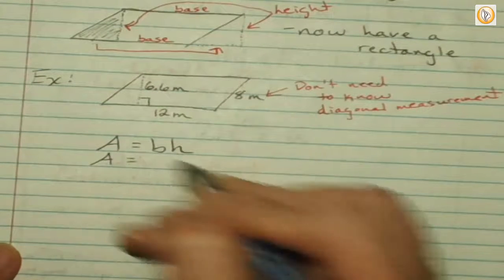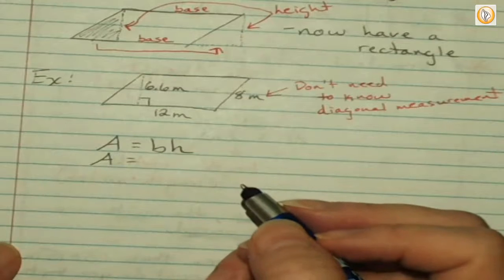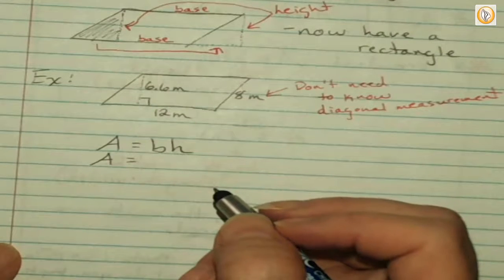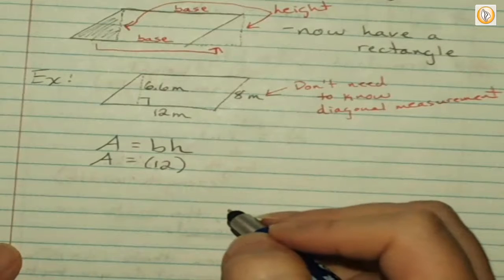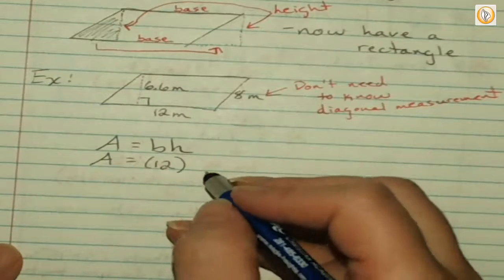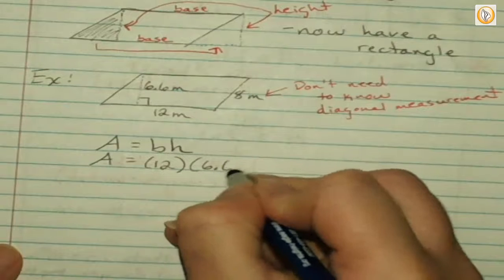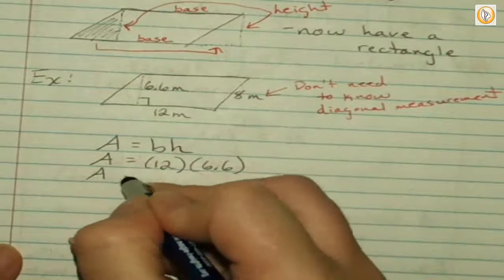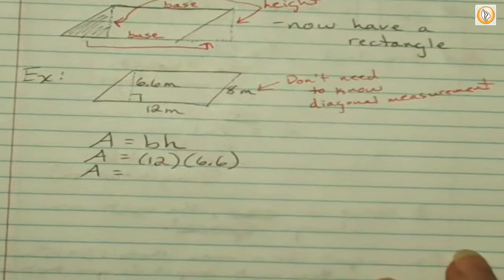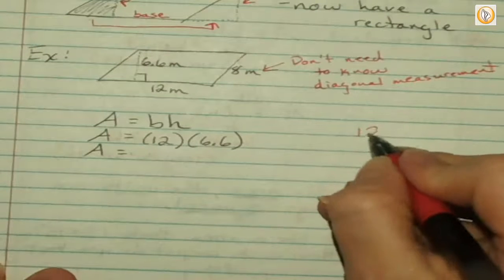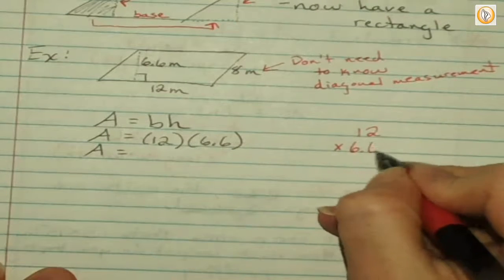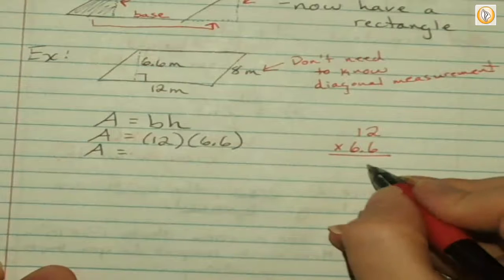So then we just fill in what we know. What is the base, Cecilia? 12. What is the height, Michaela? 6.6. That's right. And now you multiply it. 12 times 6.6. 6 times 2 is?